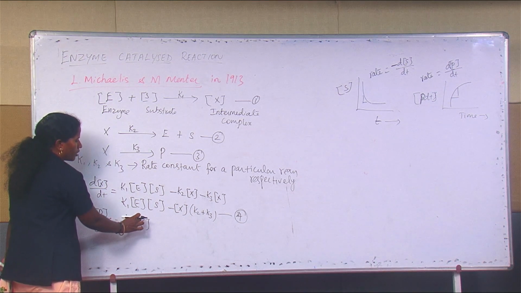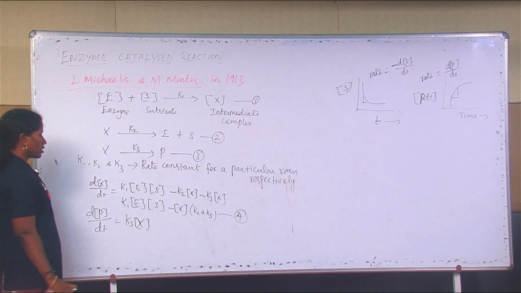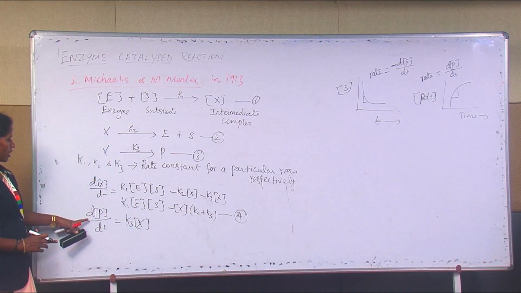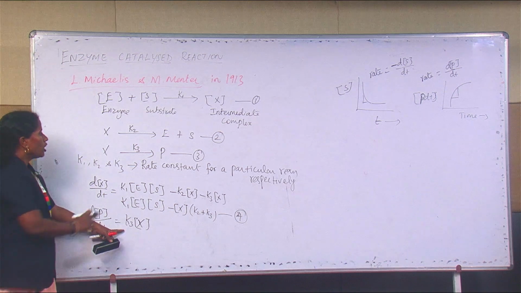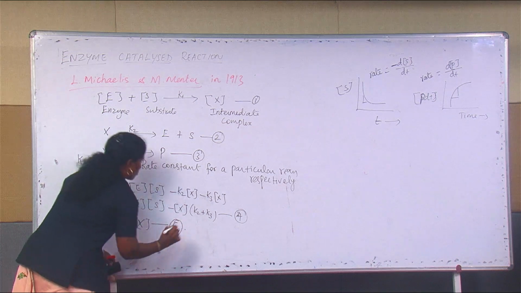The square bracket indicates the molar concentration of the particular species. So the rate of formation of product is dP/dt equals K3 X. This is equation number 5.